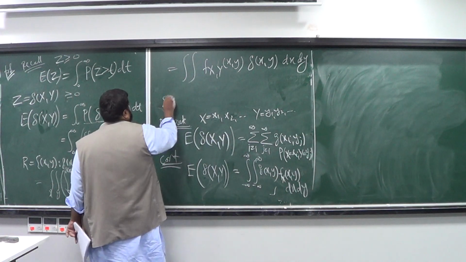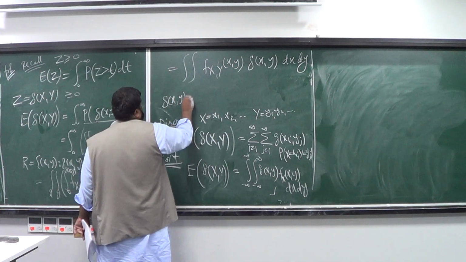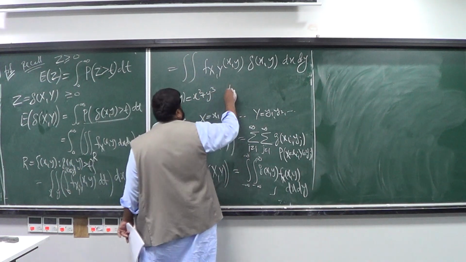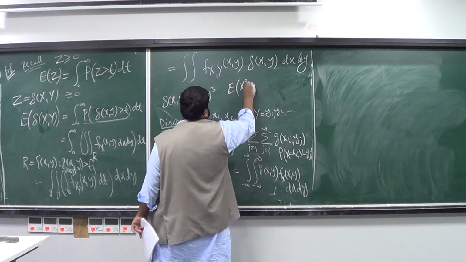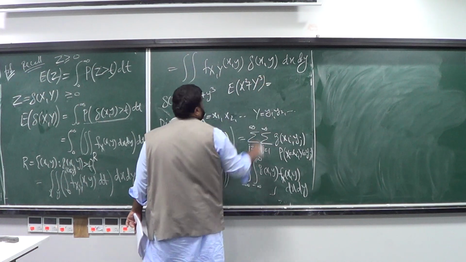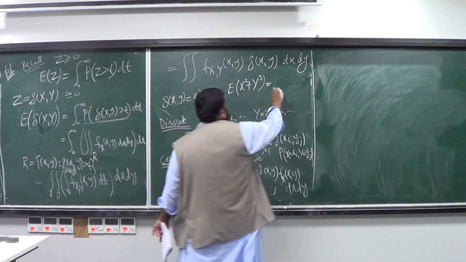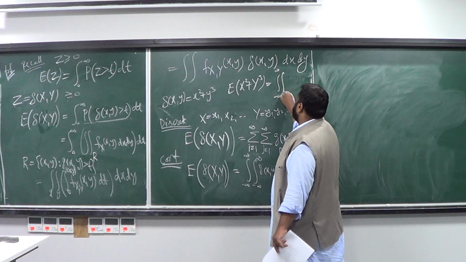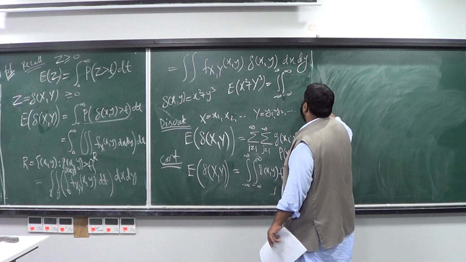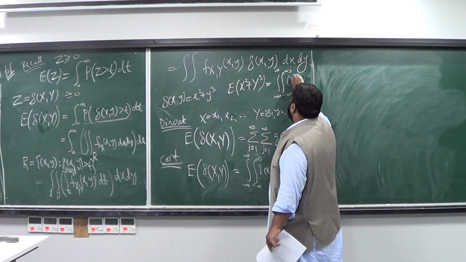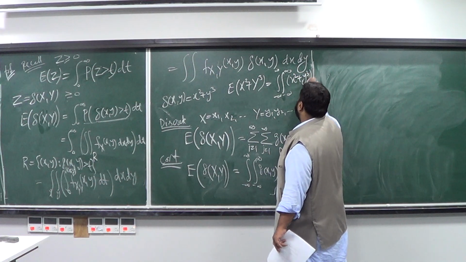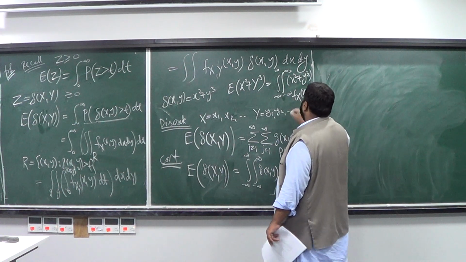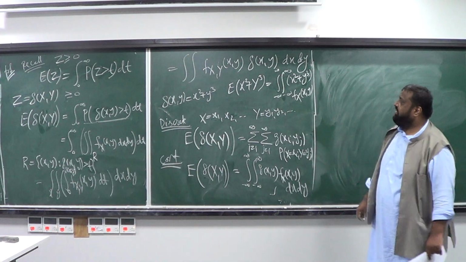For example, if your g of xy is x square plus y cube, and you want to compute the expectation of x square plus y cube, this would be the double integral from minus infinity to infinity, from minus infinity to infinity of x square plus y cube multiplied by the joint PDF f_XY, and then integration dx dy.